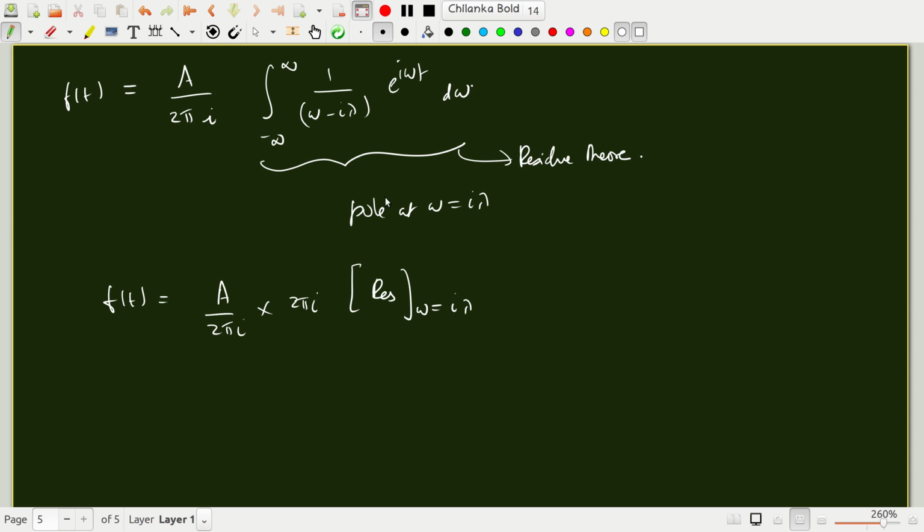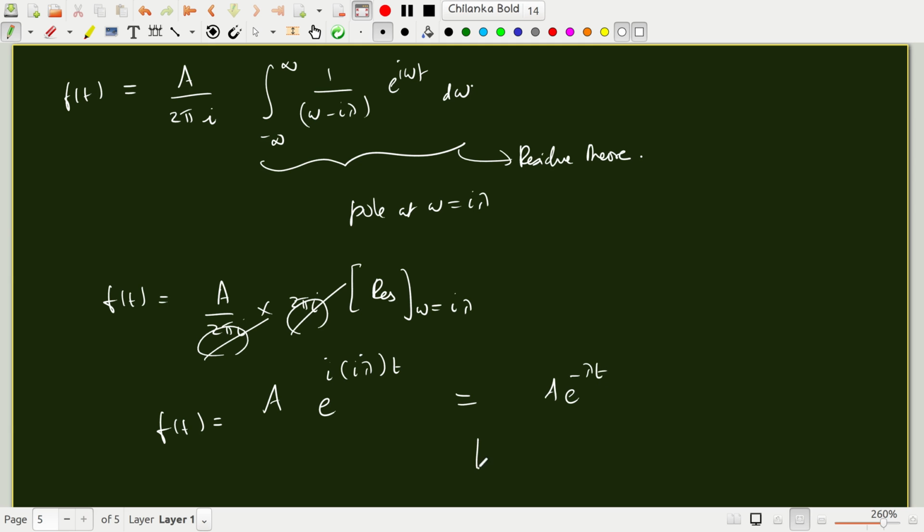What you do is multiply the whole expression by omega minus i lambda and take the limit as omega goes to i lambda. You will find that the 2 pi i cancels with this, so this is a e to the i lambda t, because you had already an i here, and omega is equal to i lambda at the pole, right? So this is nothing but a e to the minus lambda t.